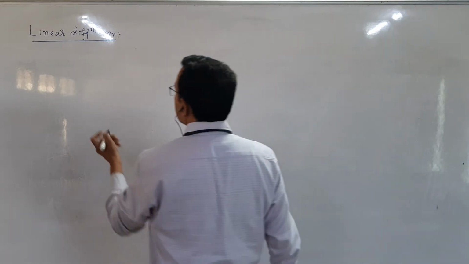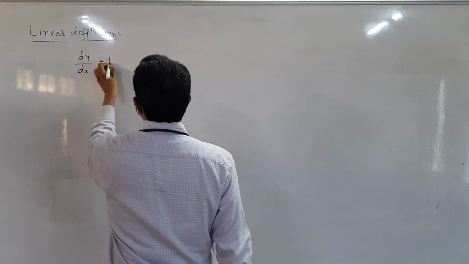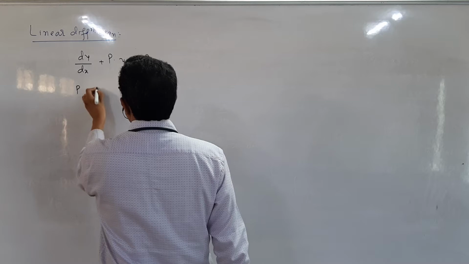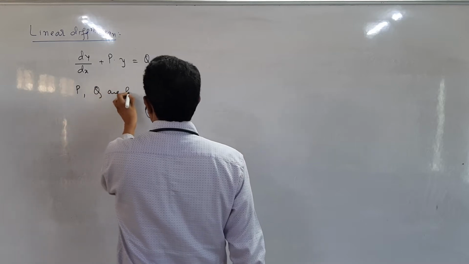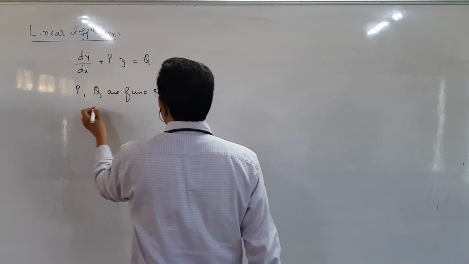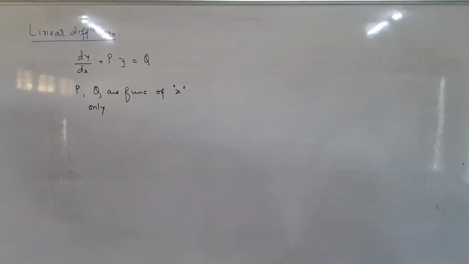A differential equation of the type dy by dx plus p into y is equal to q, where p and q are functions of x only, is called a linear differential equation of first order and first degree.